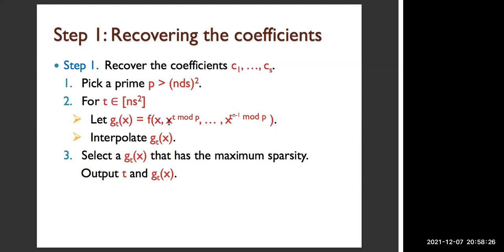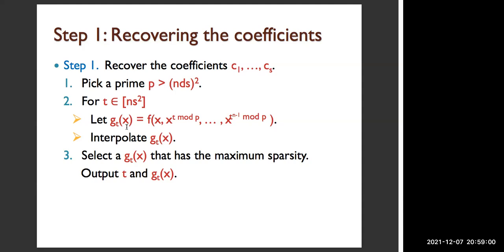In place of the second variable of f, you plug in x to the t mod p. And in place of the last variable, you plug in x to the t to the n minus 1 mod p. There's a double exponential happening here, so what you can do is first compute t mod p, t squared mod p, till t to the n minus 1 mod p separately, and then you can do the substitution and define your univariate polynomial g_t(x).